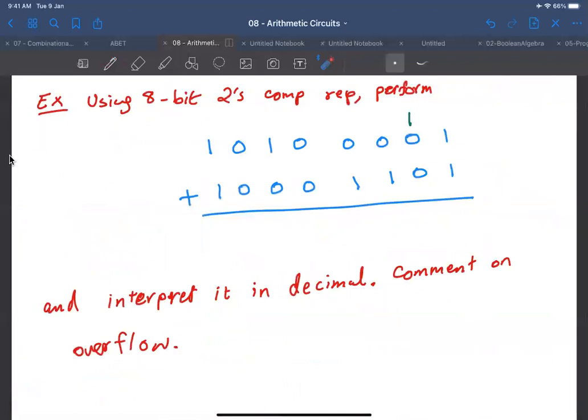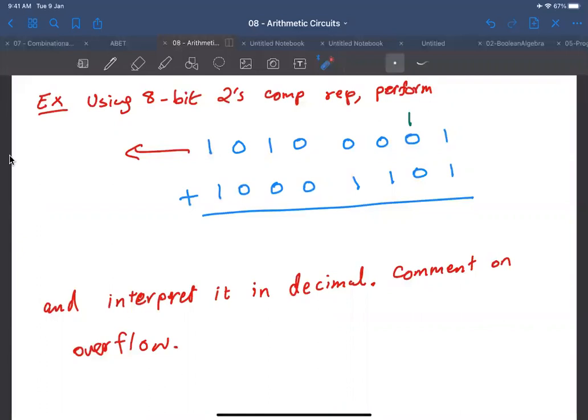So let's do another example here. Who can tell me what is the value of this number here in decimal? This part of the number is equal to 32 plus 1, which is 33. And this part here is equal to minus 2 to the 7, which is minus 128.